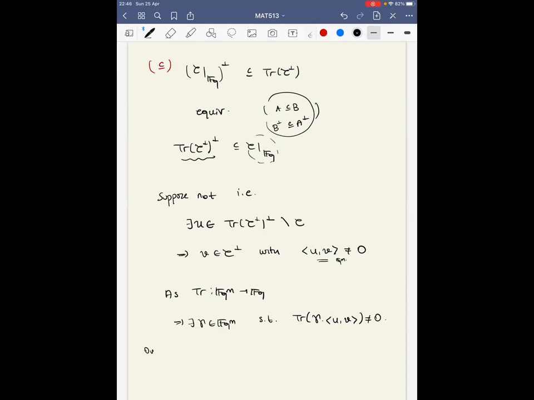But on the other hand, by the bilinearity of the inner product, this inner product is going to be 0 because we consider u from the dual of the trace of C dual, and since v is from C dual, delta v is from C dual, and this gives us a contradiction.